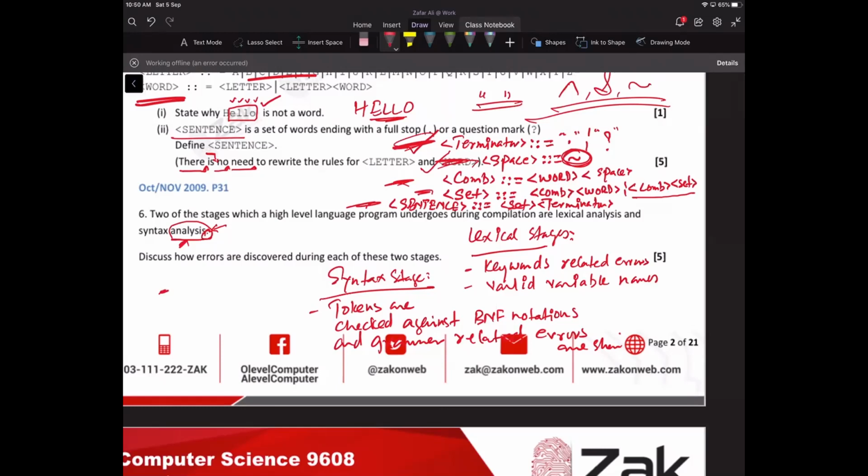And constructs related errors are found as well.